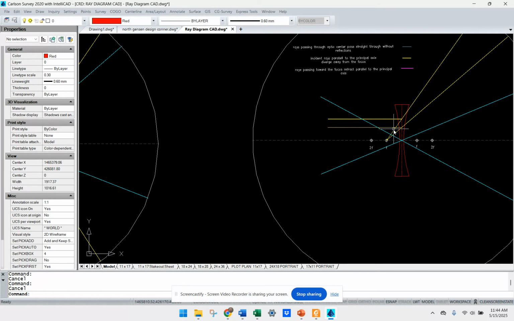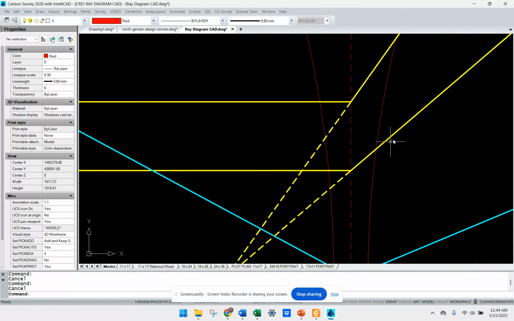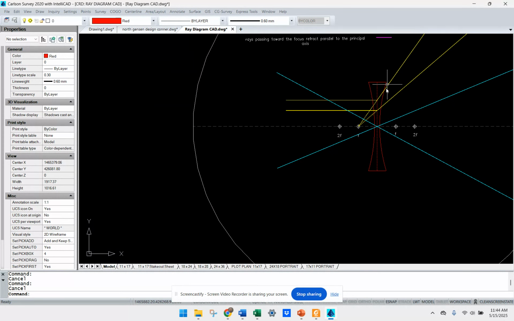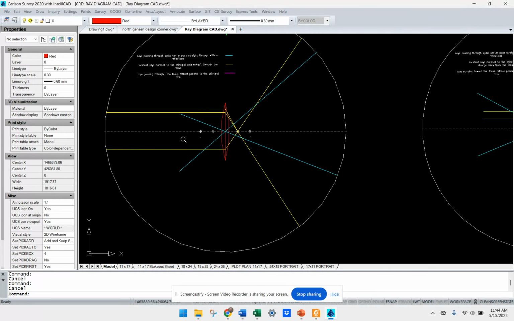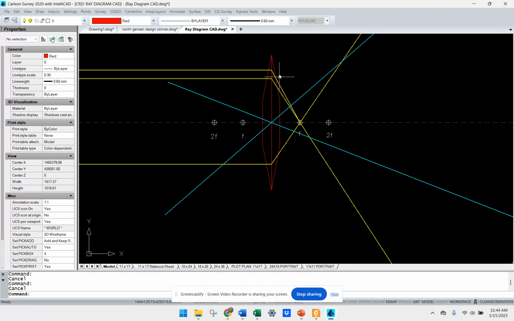If they come in parallel, you're going to see that they diverge, or they refract away outward, as if they had started, if you work backwards, from the focus on the same side. So in a diverging lens, it's all about the focus on the same side as it started. On a converging lens, it's all about the focus on the opposite side when they come in parallel.